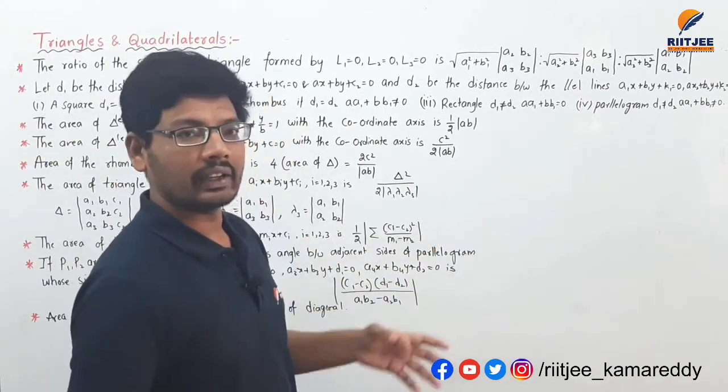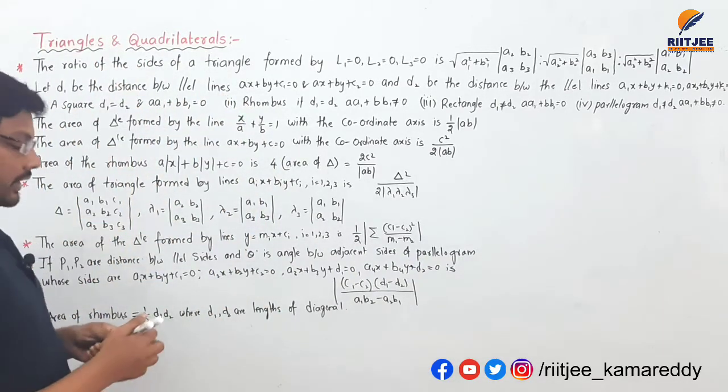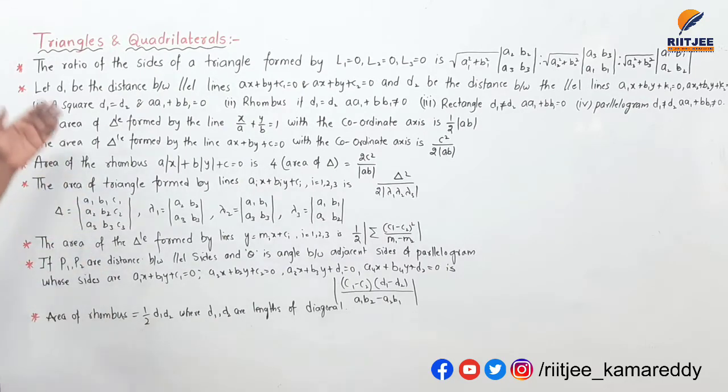Here every straight line is useful to construct triangles and quadrilaterals, and in that we first have some points.